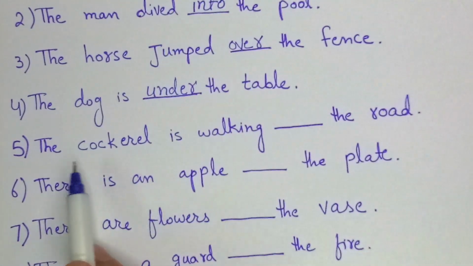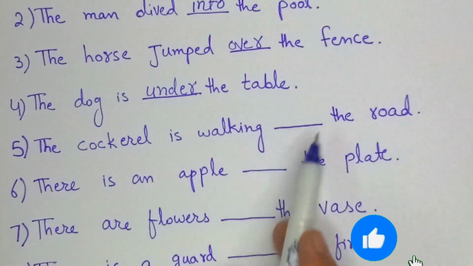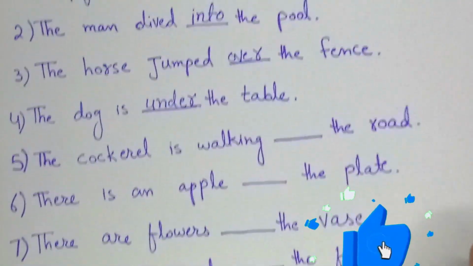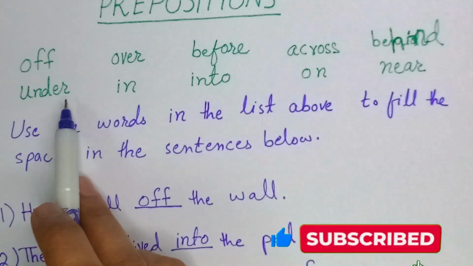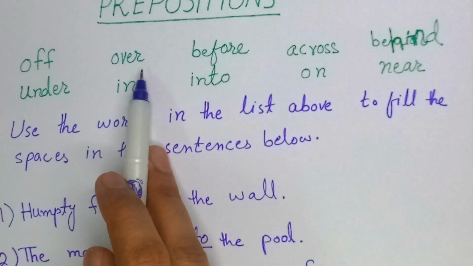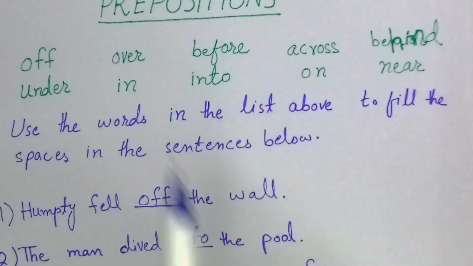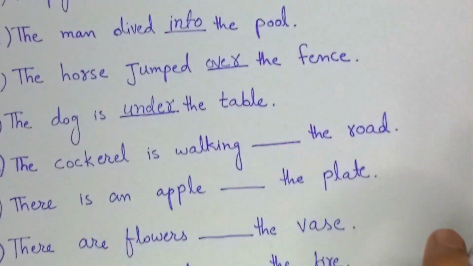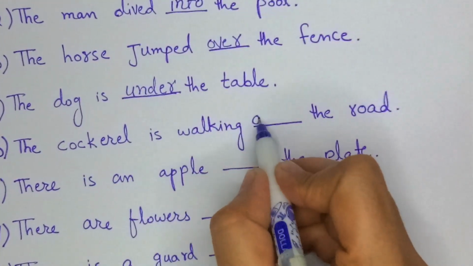Here we have the cockerel is walking dash the road. So what do you think? Let's have a look at the options. The cockerel is moving over the road, or the cockerel is moving across the road. What do you think, guys? Yes, we got it right. The cockerel is walking across the road.